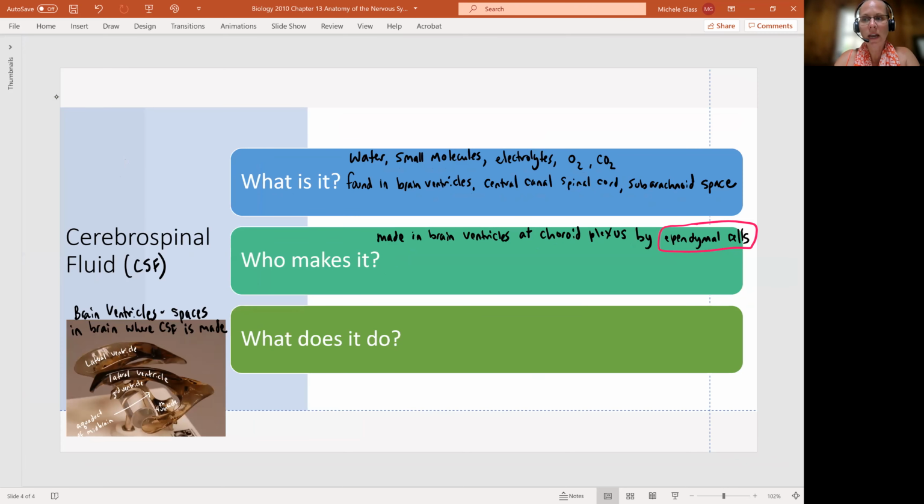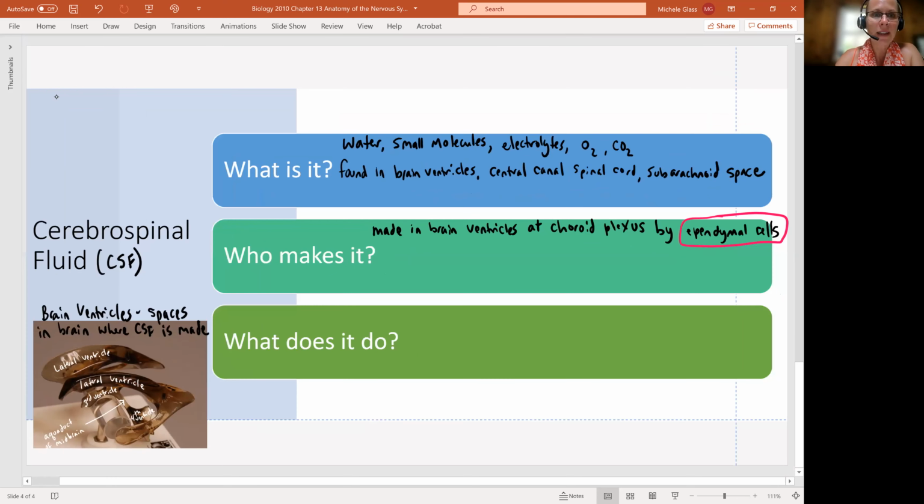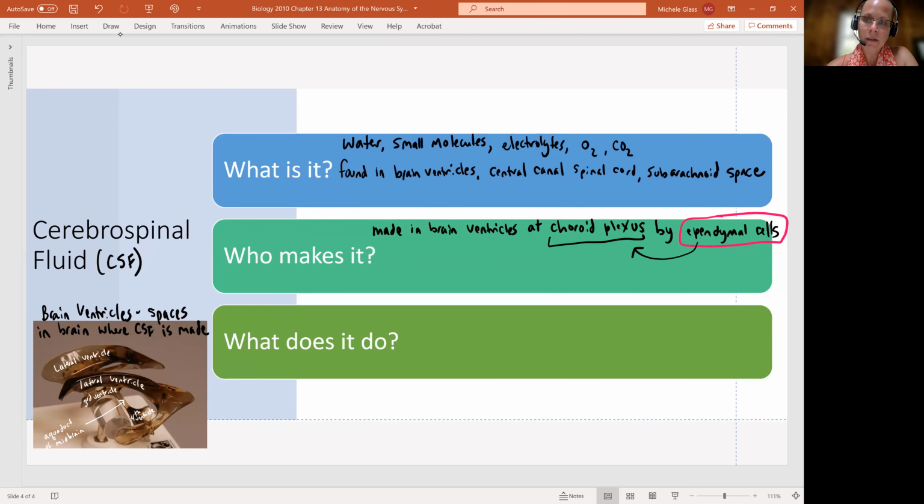Now, the actual place in the ventricle is the choroid plexus. And the choroid plexus would be these ependymal cells and capillaries. This is one place where you do not see the blood-brain barrier, so we'll say it lacks what we're calling the blood-brain barrier, or the BBB.